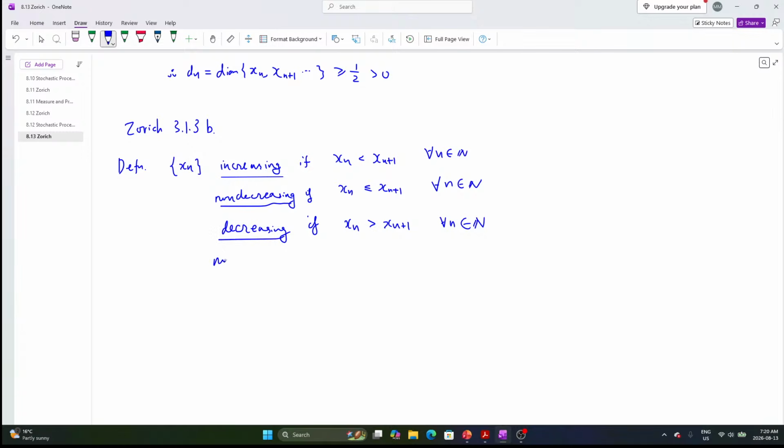And also you have non-increasing, if xn is greater or equal to xn plus 1 for all n in big N. Okay, so these are all called monotone sequences, or monotonic sequences. Okay, awesome.